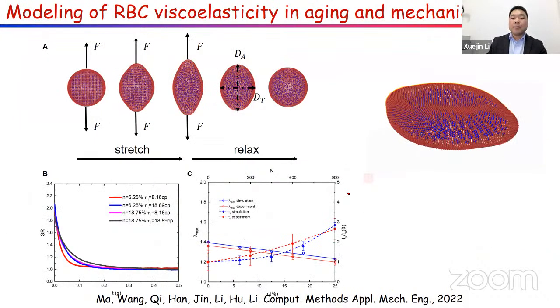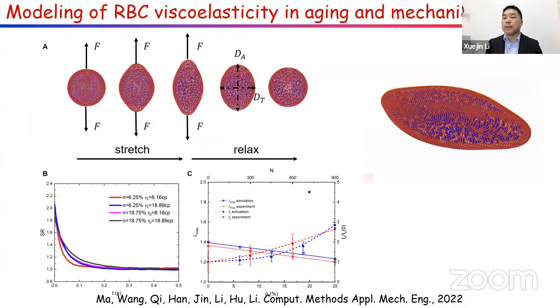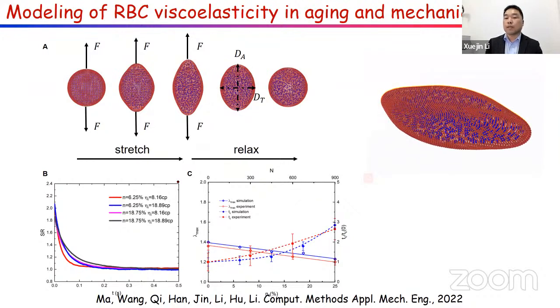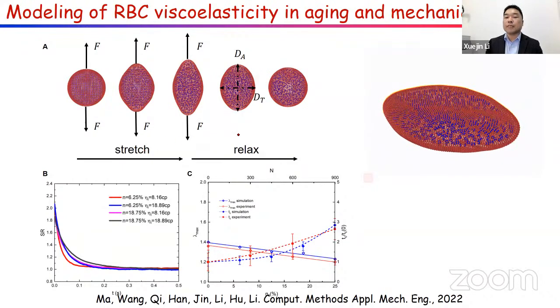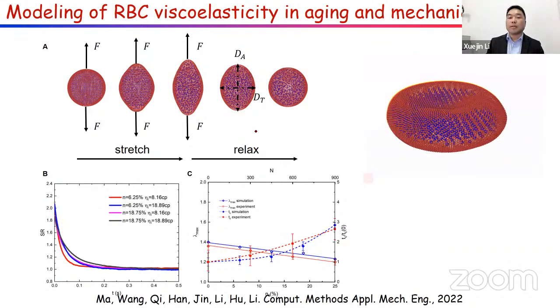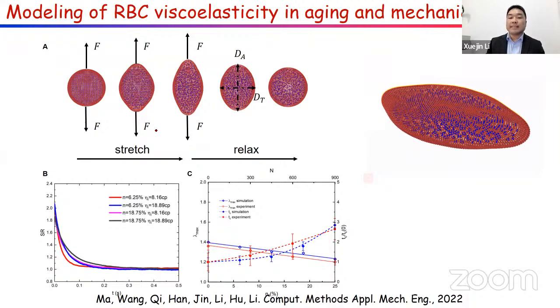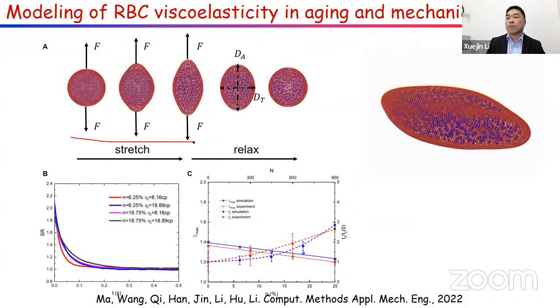With these key parameters as model input, we can employ the DPD-based RBC model to quantify the viscoelastic response of red blood cells. For example, we can let the cell be subject to stretching deformation, like the optical tweezer experiment. We find that the red blood cell deforms its shape, stretching from left to right.